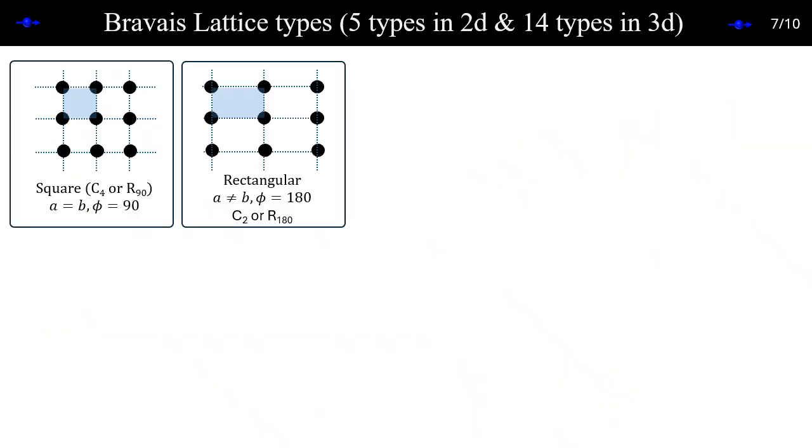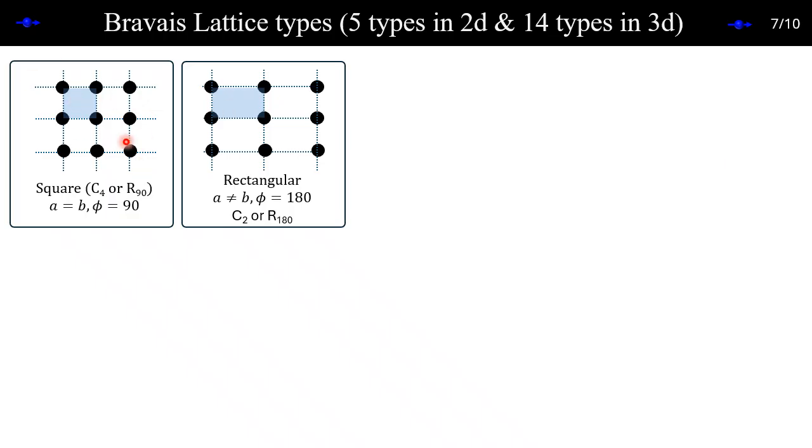Now, in 2D it is easy to visualize. In 2D there are 5 types of Bravais lattice, and in 3D there are 14. These 5 types are not that difficult to understand or visualize. One type is this, kind of square. For a square, the lengths a and b are the same, and the angle between them is 90 degrees.